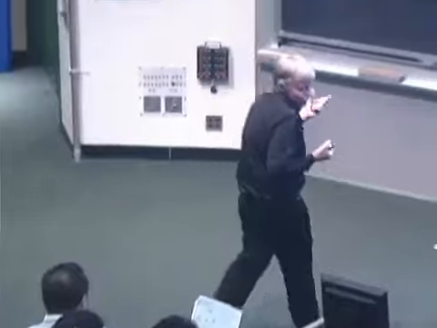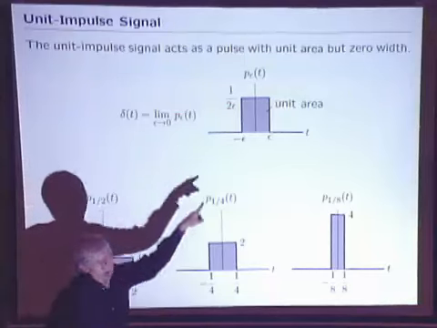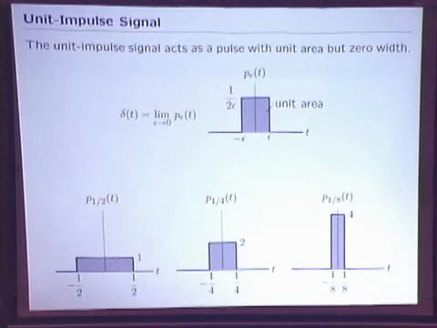Okay, well, the way you can do it, and the way we will do it, is think about building a signal in a limit. What if I had a pulse signal that was 2 epsilon wide and 1 over 2 epsilon high? The area would be 1, regardless of the value of epsilon.